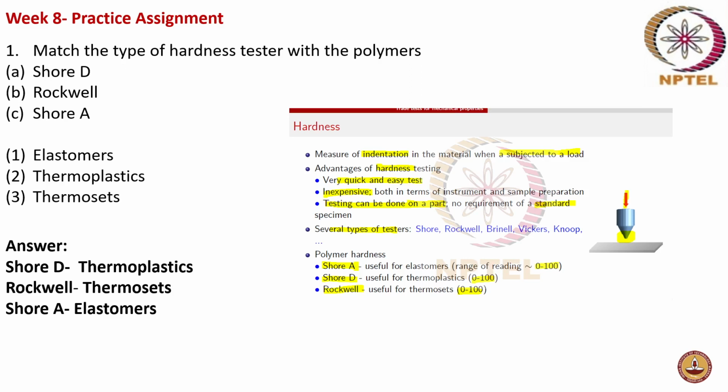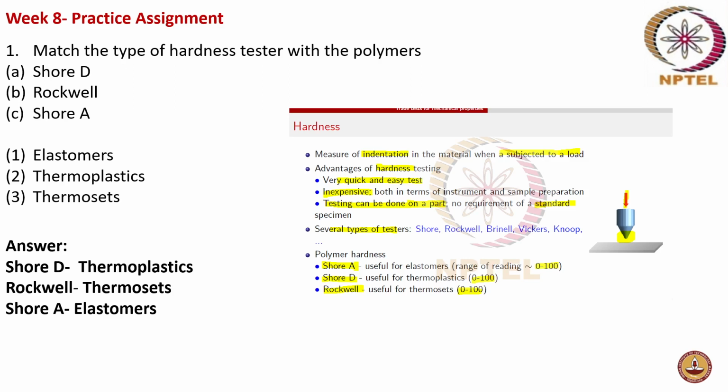In these hardness tests, whether Shore D, Shore A or Rockwell, this is the polymeric surface, and they try to indent the material with a particular load. Depending on the dent formed, and whether it is going to break or create a kind of curve in the material, a particular number is given. Are you able to understand?